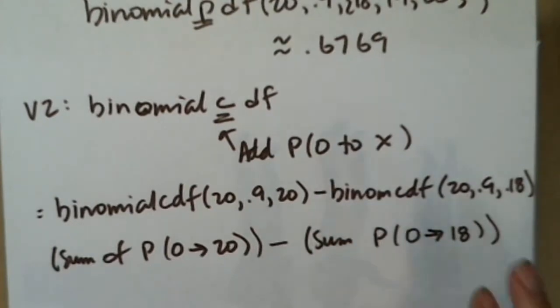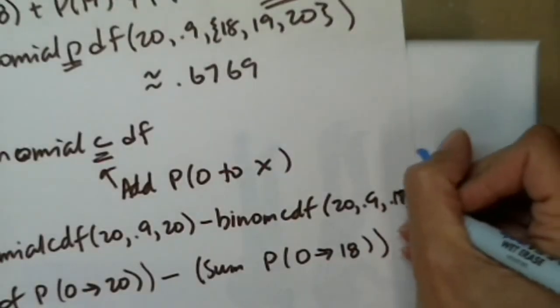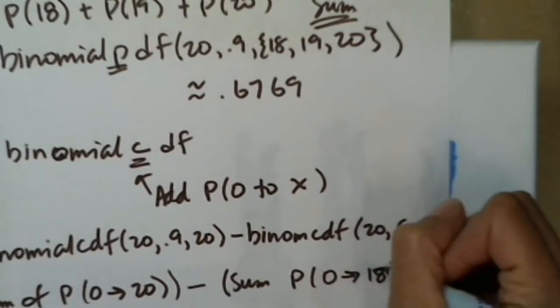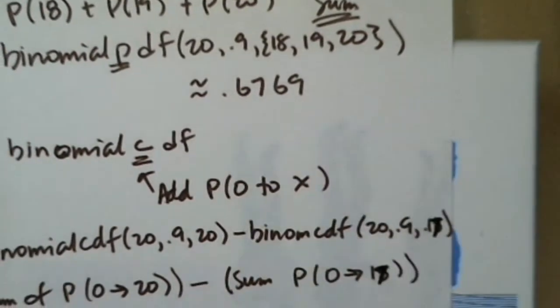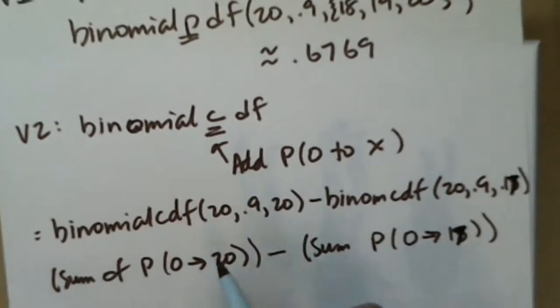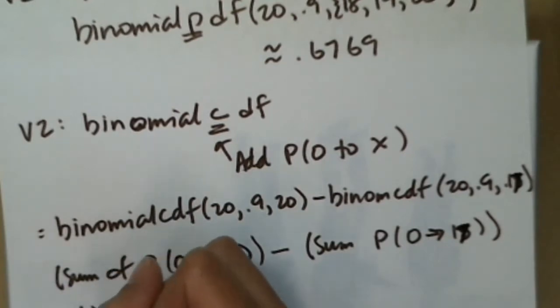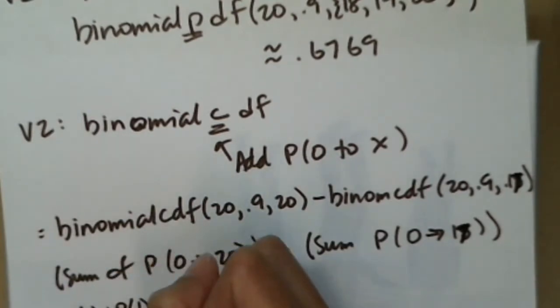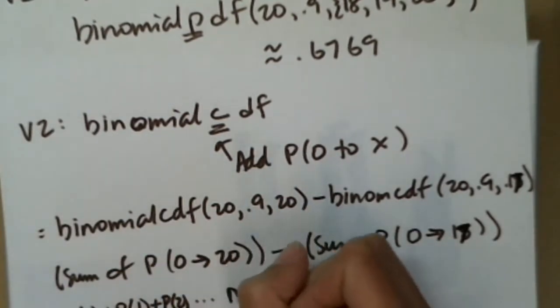I want to include 18, don't I? Let me put 17 here. 17, because watch what I'm doing. As I do binomial CDF, it adds up for me, which is great, all of the probabilities, but starting at 0. So this one is P of 0, 1, 2, all the way up to 20.